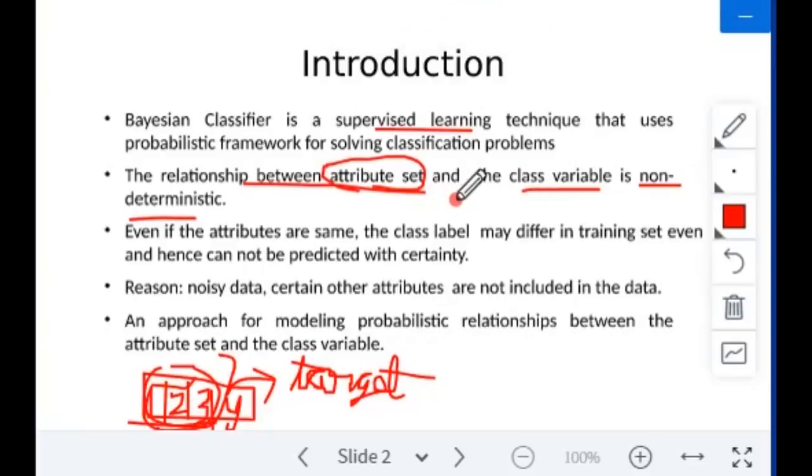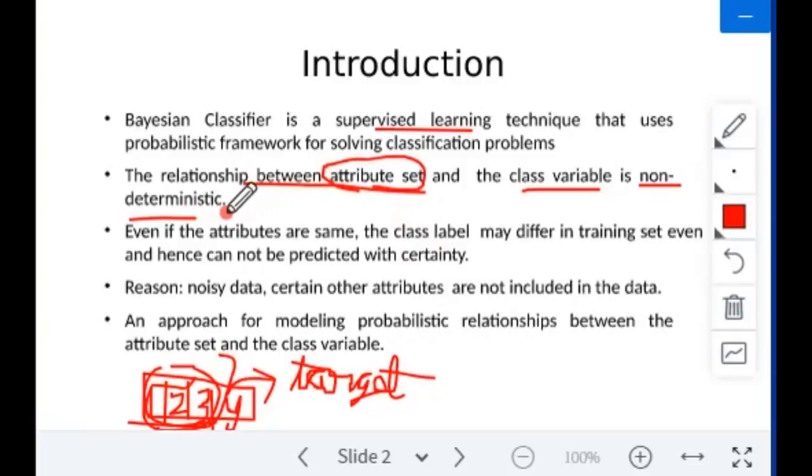Whereas here, even though we have an attribute set or training set with almost the same characteristics, we will not say that the test record belongs to that particular class. We will take the attributes individually, find the probability, and decide to which class it belongs.